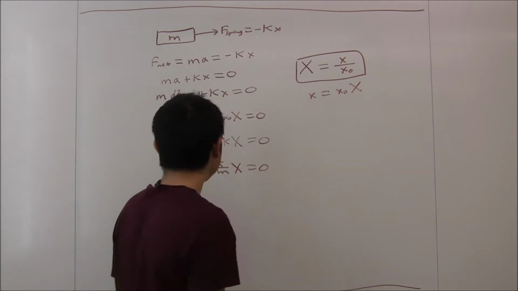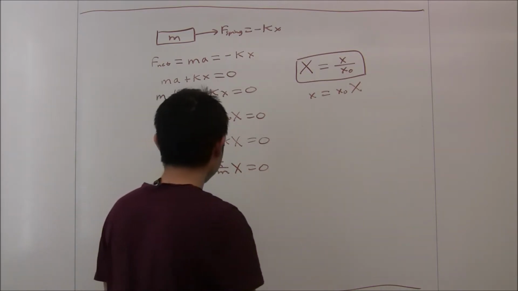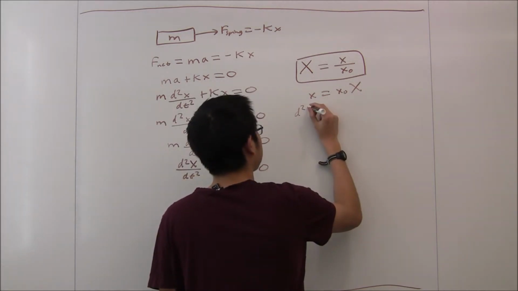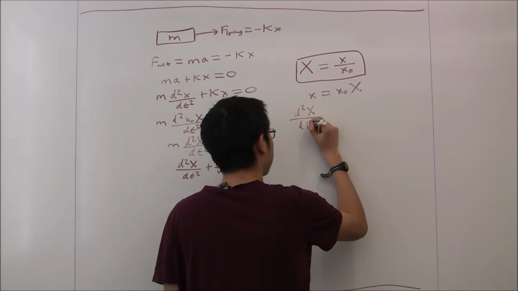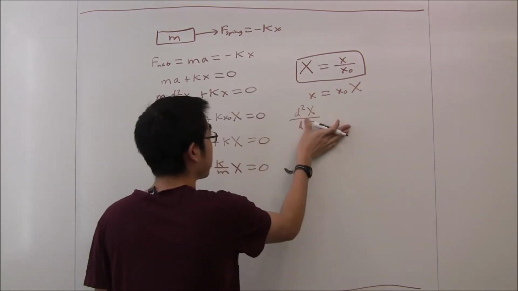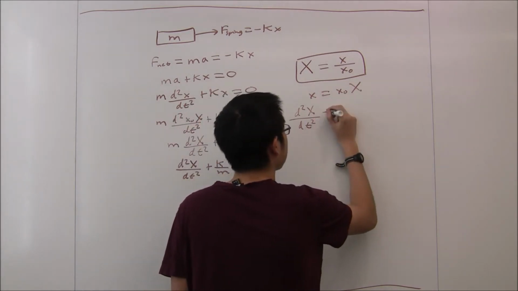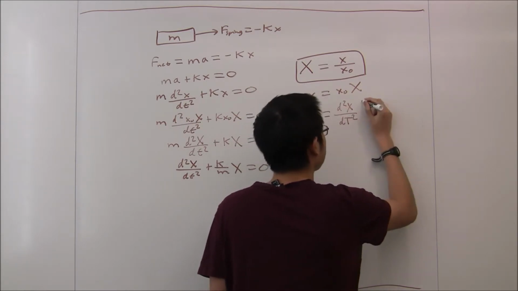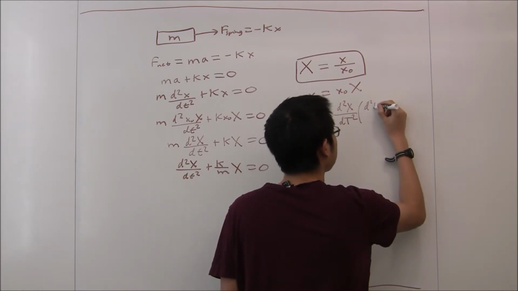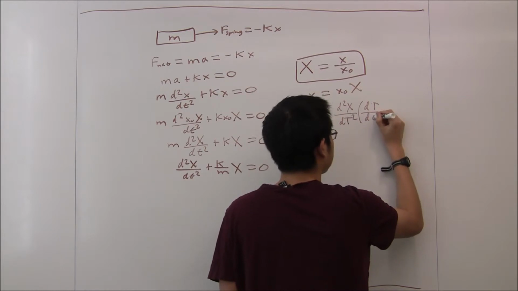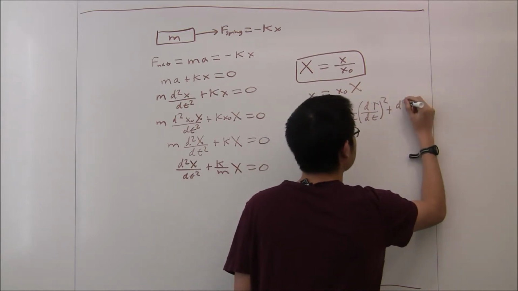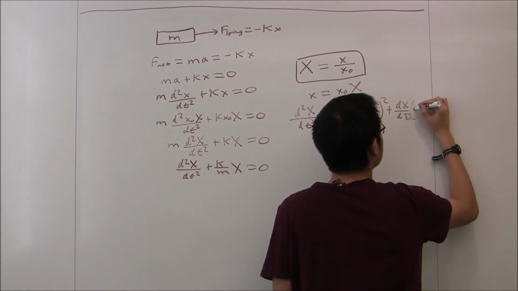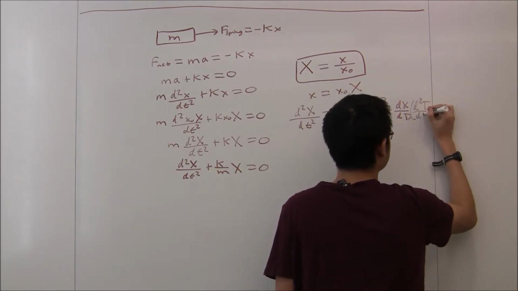Now notice that if we define big T as a function of little t, then by the chain rule, the second derivative of big X with respect to little t is equal to the second derivative of big X with respect to big T times the first derivative of big T with respect to little t all squared, plus the first derivative of big X with respect to big T times the second derivative of big T with respect to little t.